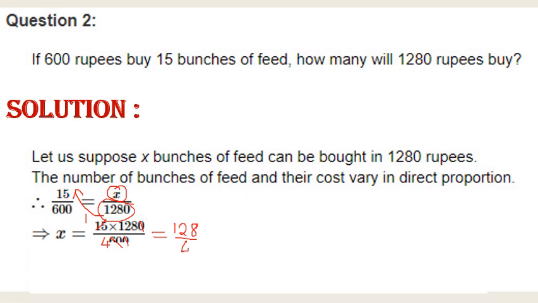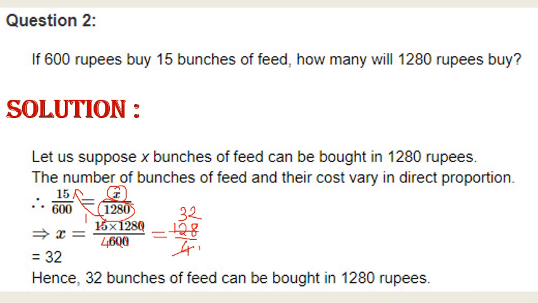It comes in the 4 table. So 4 ones are 4, 4 threes are 12, 4 twos are 8. So that means 32 bunches of feed we can buy in rupees 1280. So the answer is 32. The statement would be: hence 32 bunches of feed can be bought in rupees 1280.